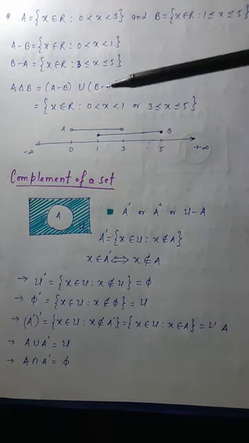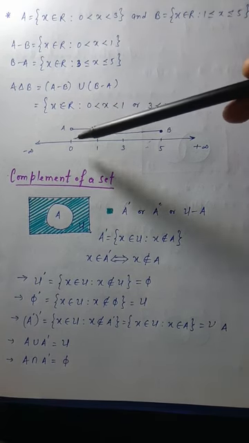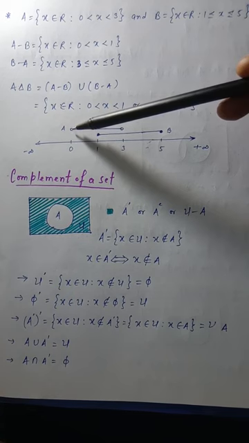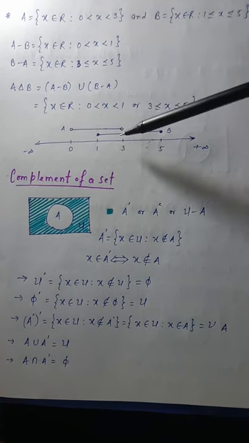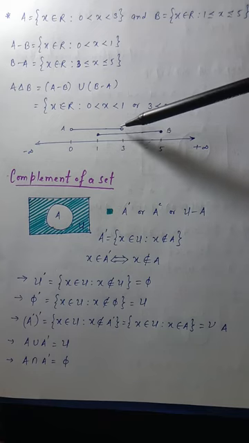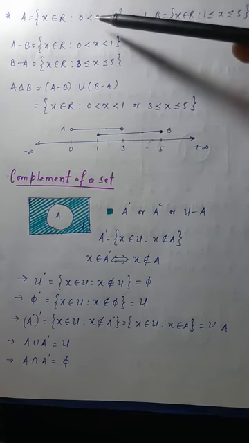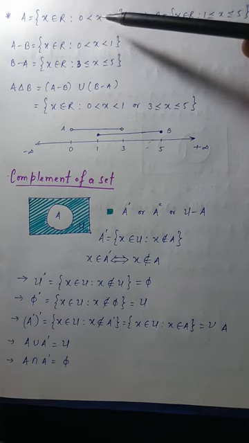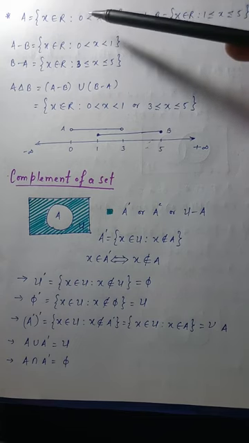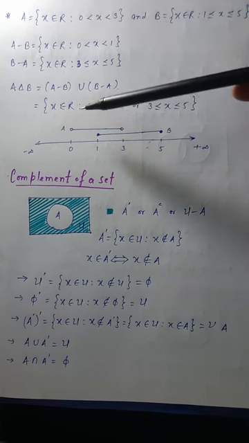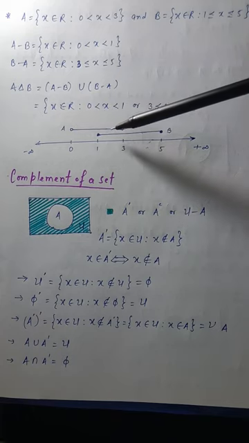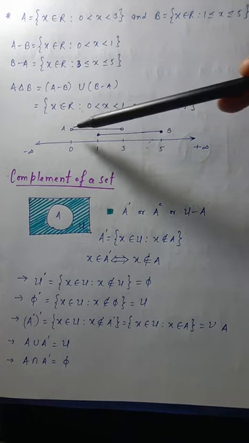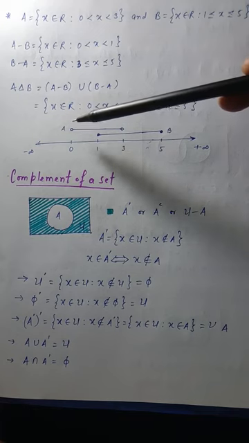So you can draw a hollow circle above 0 and a hollow circle above 3, because equality is not present and this is an open interval. So we will draw hollow circles and join a line. This upper line is the representation of set A. I hope it is clear.